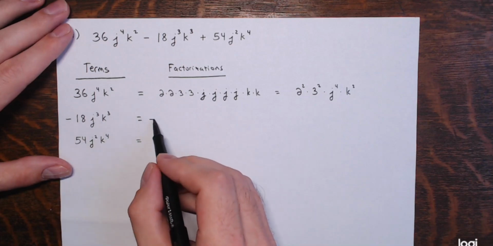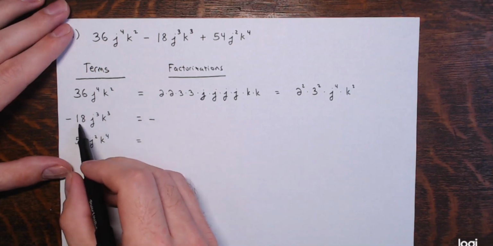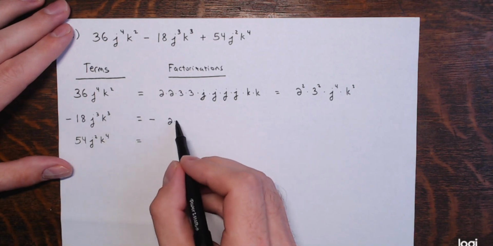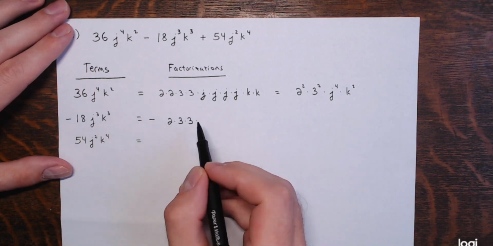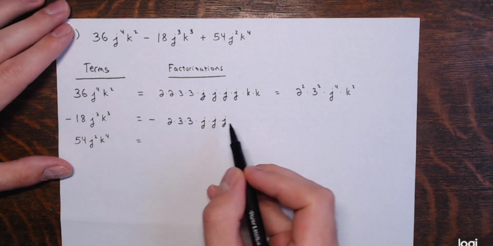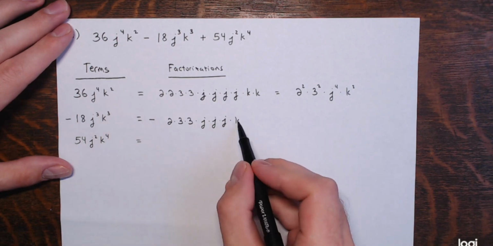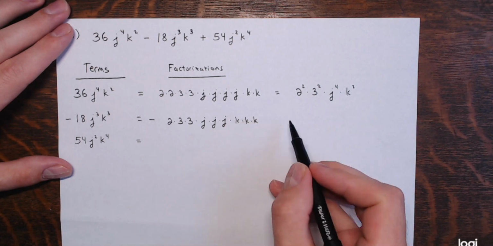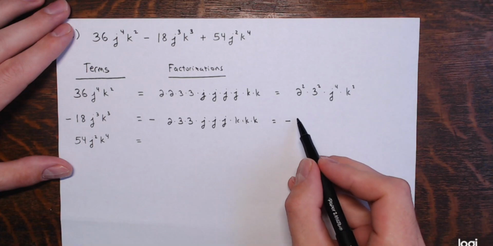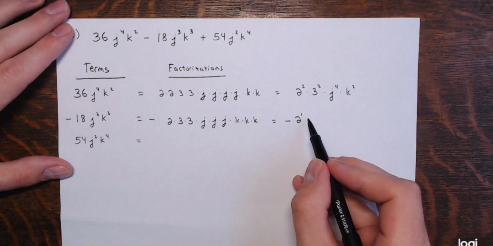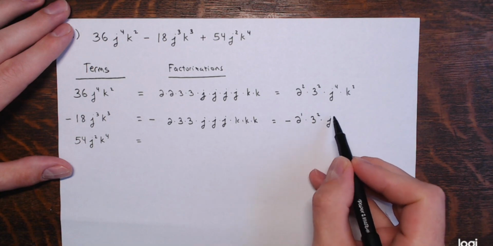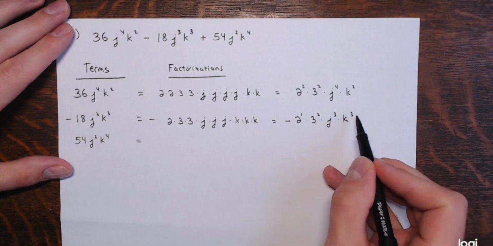And then we have negative, and then 18 is 2 times 9, 2 times 3 times 3. J to the third, j times j times j. K to the third, k times k times k. Or with powers, this would be negative, and then you have 2 to the first times 3 to the second times j to the third times k to the third.